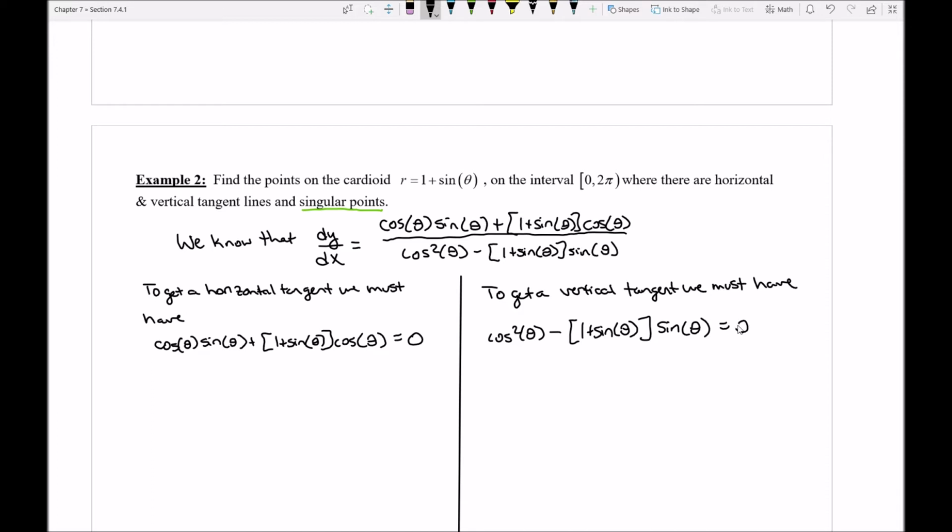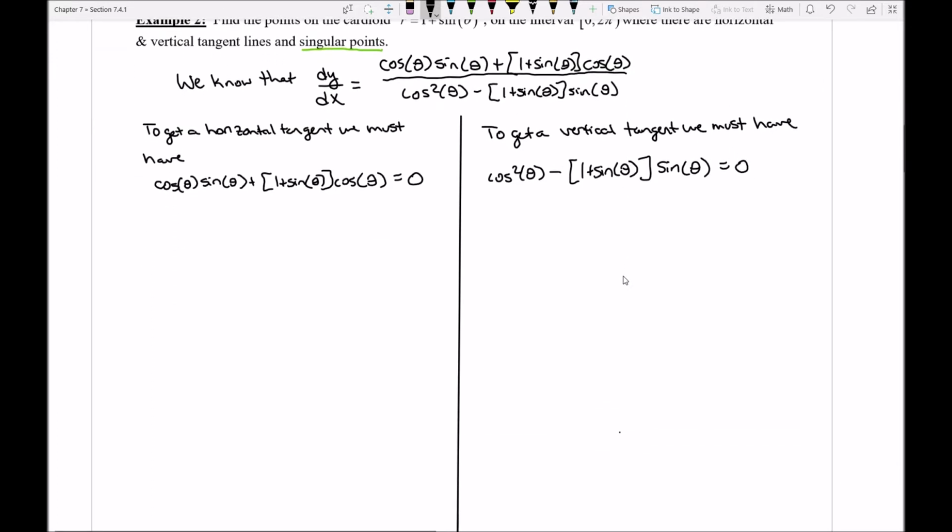I would need this to equal 0. So I'm going to actually have to go through and do everybody's favorite topic, which is solving trig equations. Okay, it's probably been a while since you've solved some complicated looking trig equations, but I'll try to guide you through it here with this example.